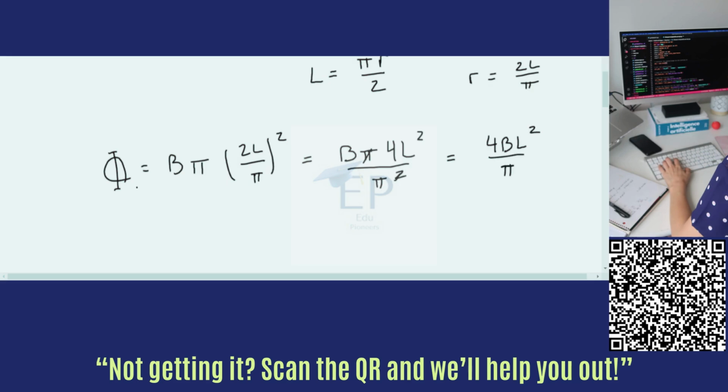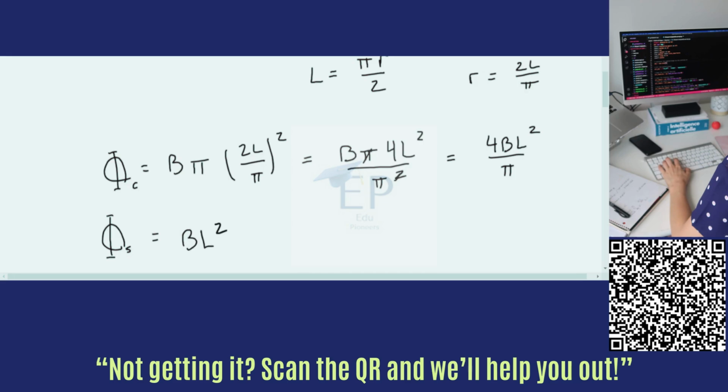And now what we're going to do is just compare this new expression we've made to the one for the flux through the square, which is just B L squared.